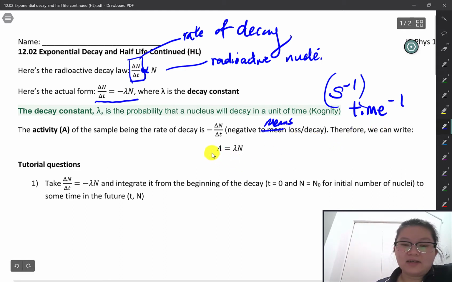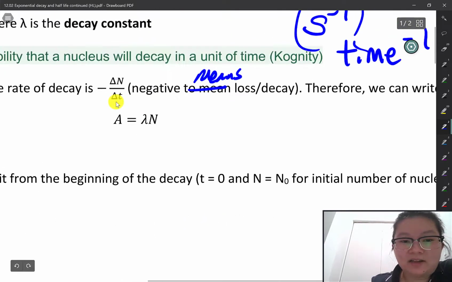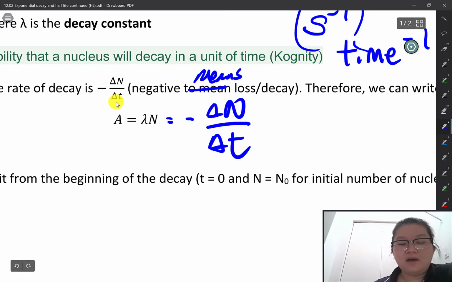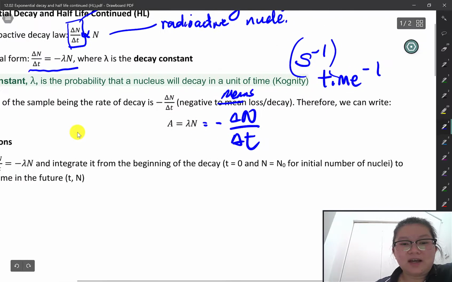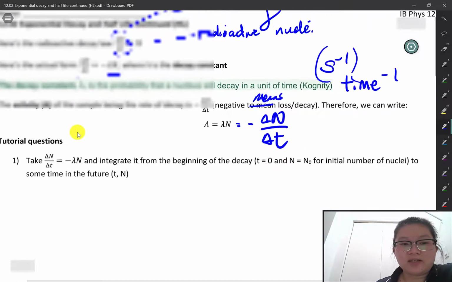So because activity is equivalent to delta N over delta t, the activity is also equal to the decay constant times N, which comes directly from here. So if we write this down a little bit more, this is just equal to negative delta N over delta t. Okay, so A, activity, has all those representations.